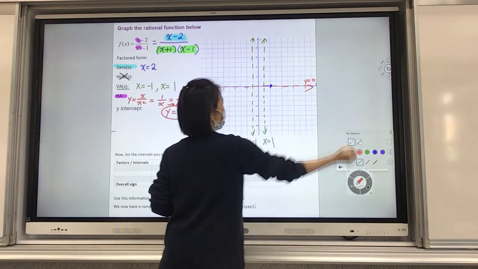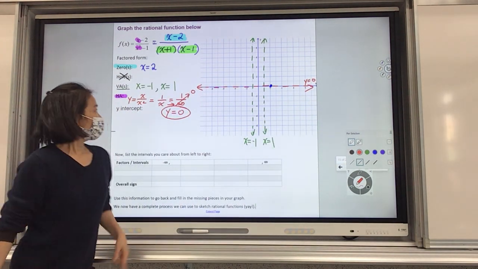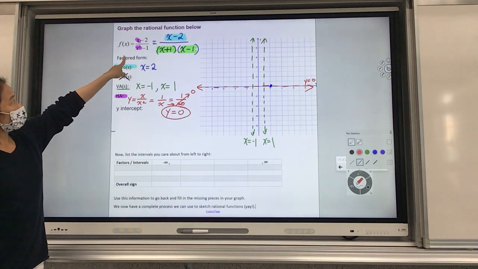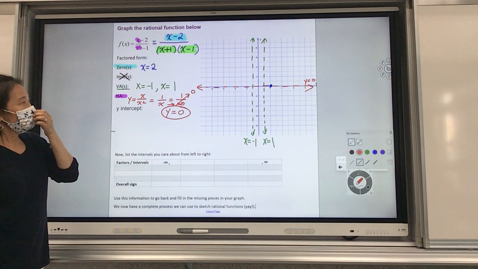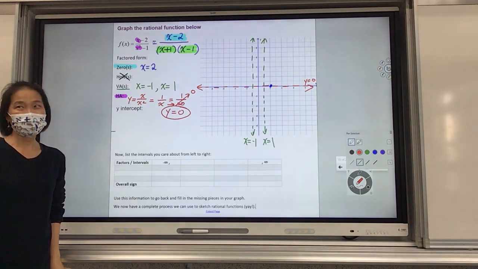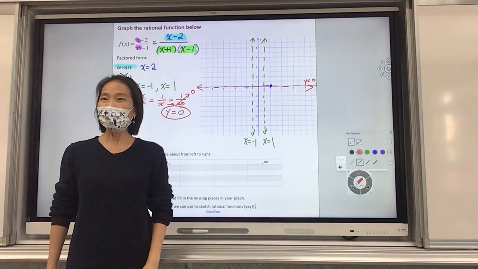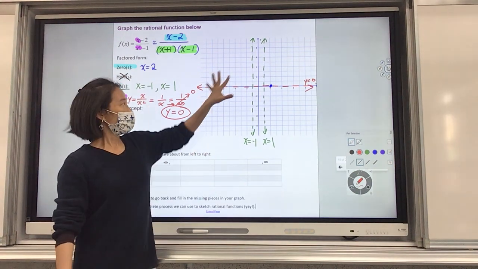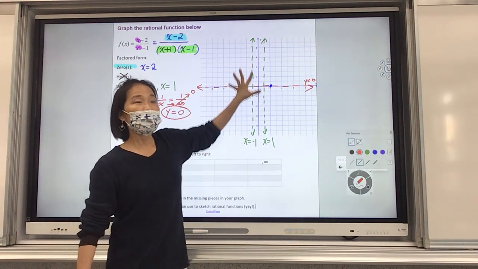We do have a horizontal asymptote. Label it. But there's an x-intercept on the asymptote. It is fine. It is okay. Remember, horizontal asymptote has nothing to do with what's happening in the middle.